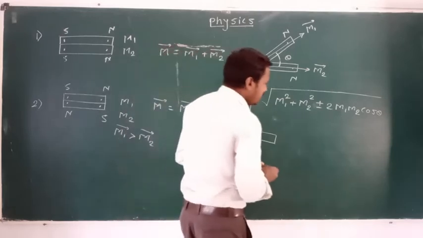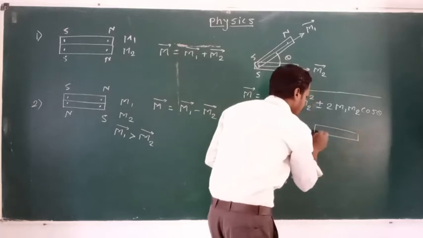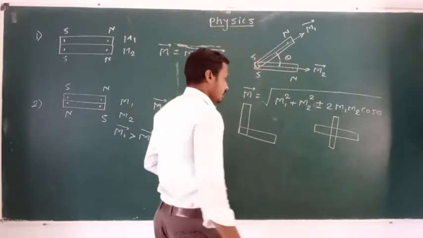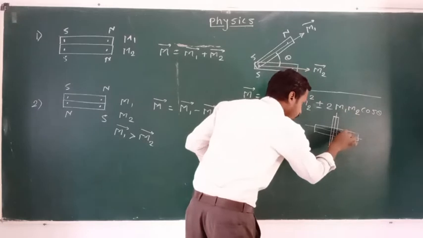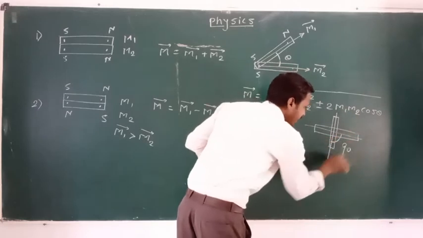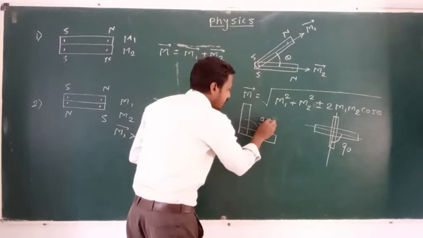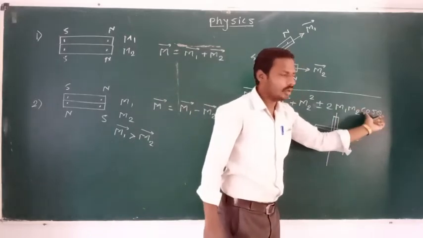Or arrangement of the bar magnet is like this. Due to that arrangement, angle between M1 and M2 is 90 degree. Cos 90 is 0.